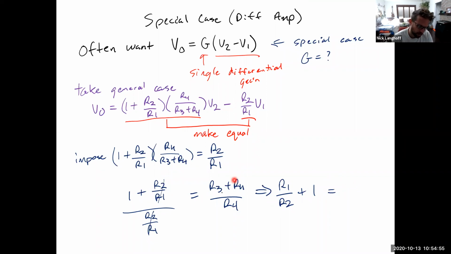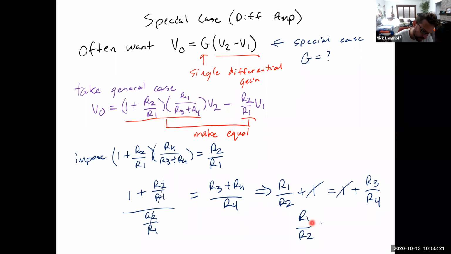And this R4 over R4 is a 1, plus the other term, R3 over R4, is here. And we're almost done. Thanks for hanging out with me, for those of you who could. Where these are gone, the ones cancel. And what we're left with is that R1 over R2 is equal to R3 over R4. That is what you have to impose to get the special case.